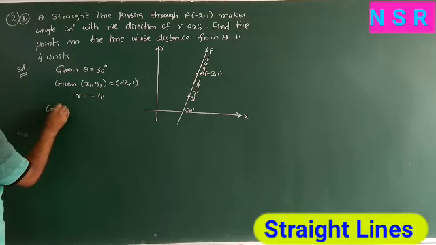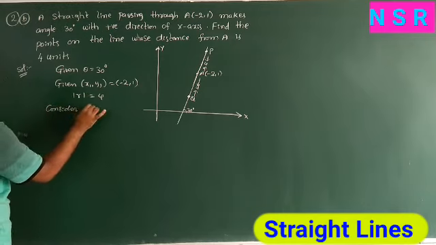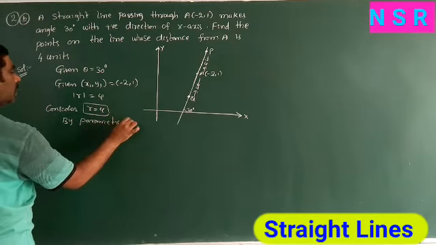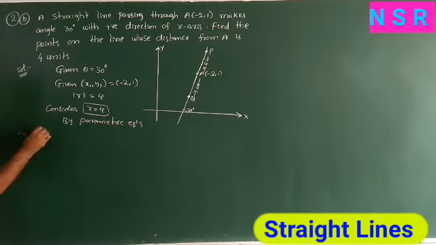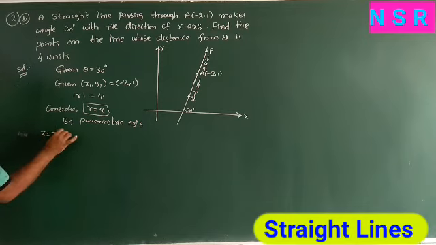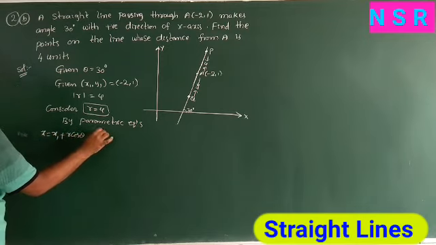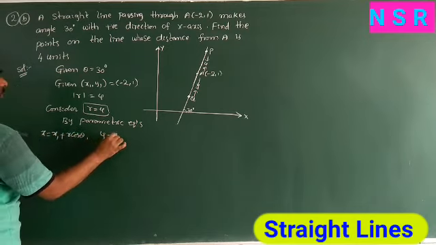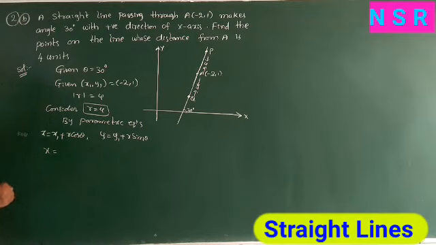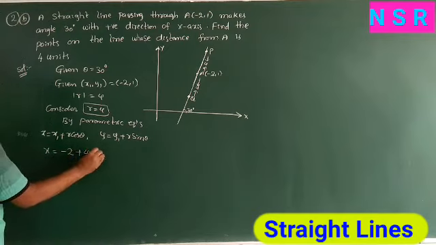Now consider r equal to plus 4. So write by parametric equations. What are the parametric equations? x is equal to x1 plus r cos theta and y is equal to y1 plus r sin theta. So here we have the theta value, r value and x1, y1 values. So x is minus 2 plus 4 into cos 30, where the given theta value is 30 degrees.